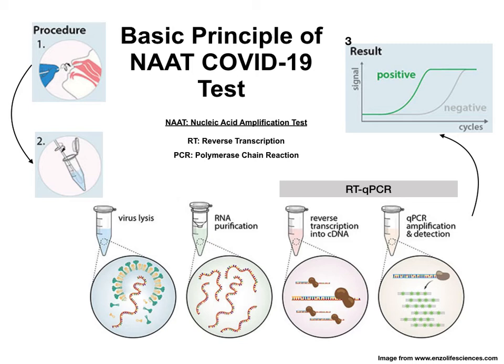In the RT-PCR steps, in the reverse transcription, you collect the RNA and use a reverse transcriptase enzyme to convert that RNA into DNA. We call it cDNA because it's complementary DNA to your RNA. In the last step, you amplify what you got, and then finally you detect whether you have that DNA or not.